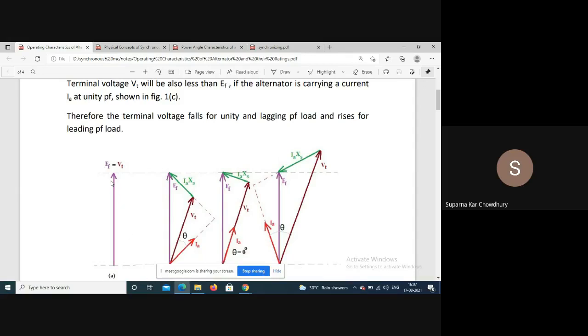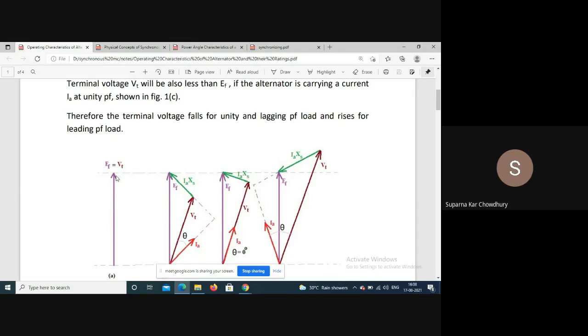Now, under no load condition, the open circuit induced EMF EF is equal to the terminal voltage VT. No current is flowing. The look of the characteristic will depend on the value of the field current which has been fixed, because this is for constant excitation.